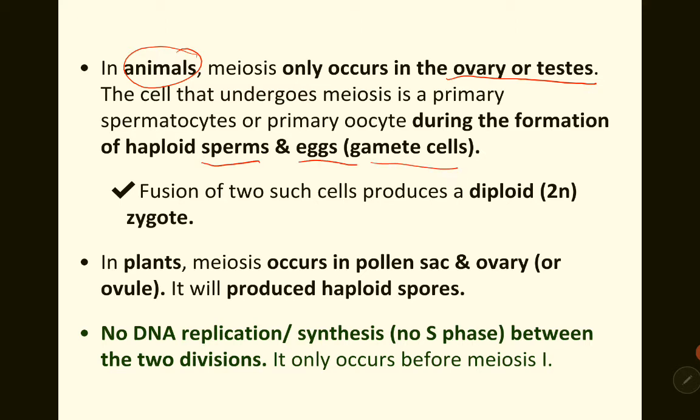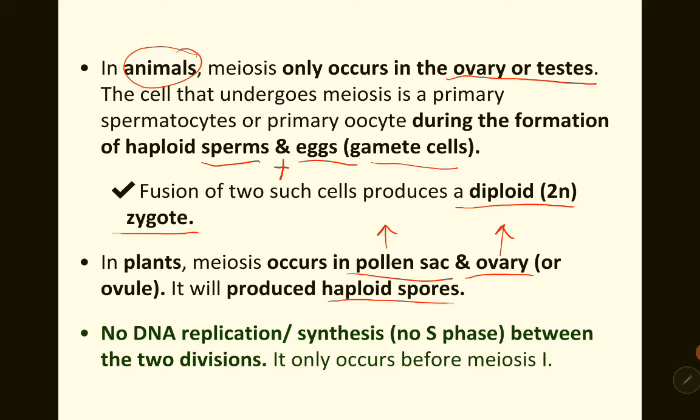When these two cells fuse, sperm plus egg, they become a diploid zygote. In plants, meiosis occurs in the pollen sac and ovary. The pollen sac produces the male gamete, the ovary produces the female gamete, producing haploid spores.